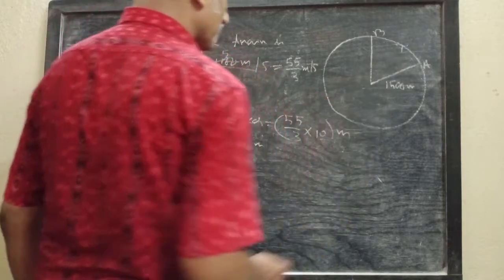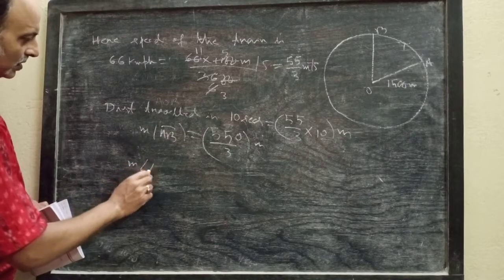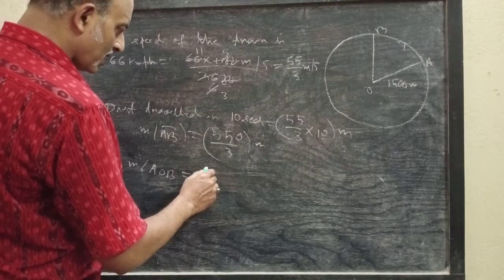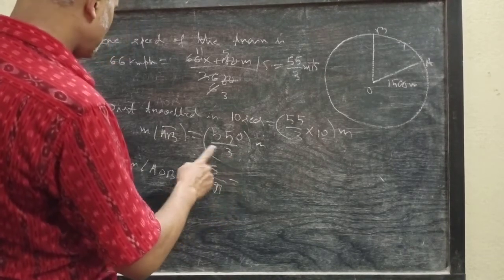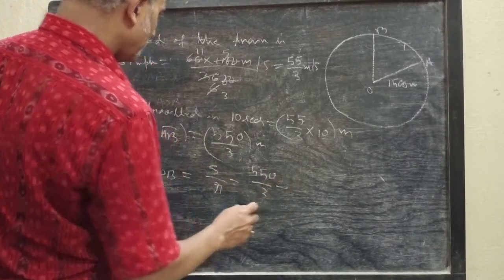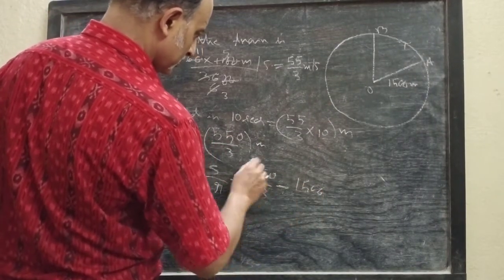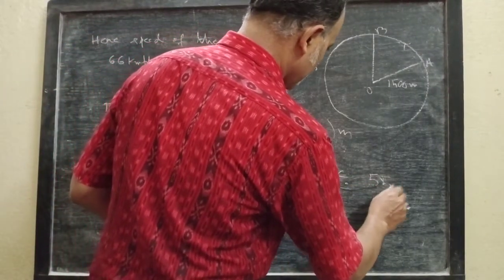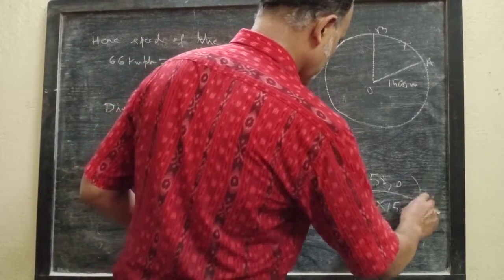Now you have to find this angle. Measure of angle AOB, actually circular measure of angle AOB, that will be S by R. Formula is S by R. So here S is this 550/3 divided by R, which is 1500, radian. So ultimately you get 550/3 into 1500 radian.